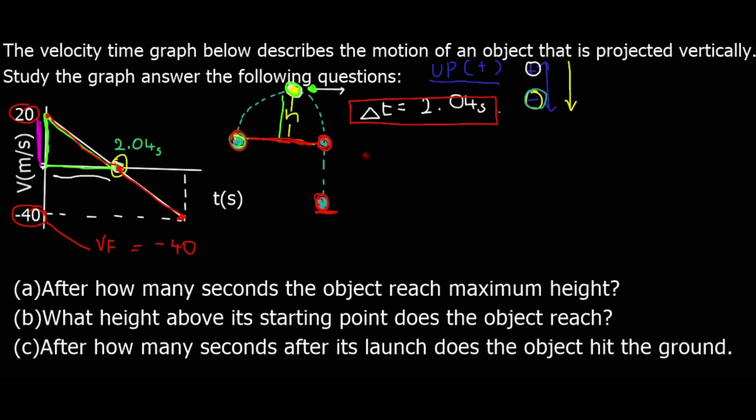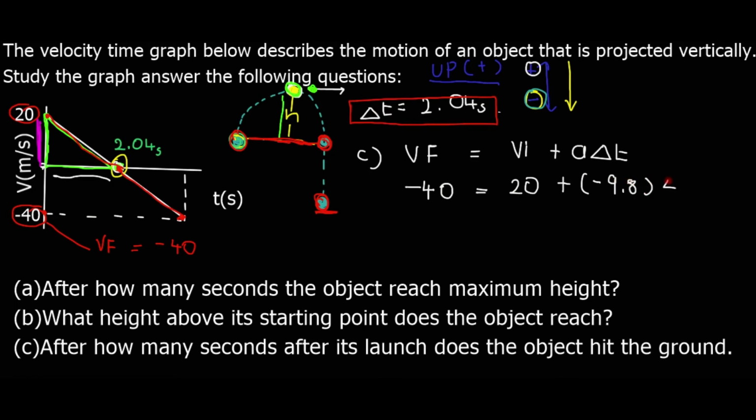Then from here we will use this formula. We have the final velocity, and our initial velocity is 20.